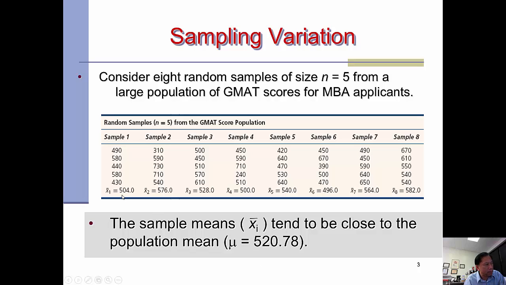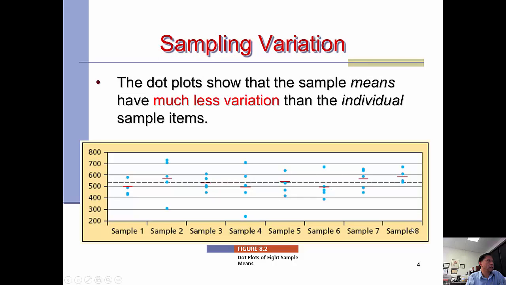But if you look at the means of the samples, 504, 576, 528, 500, 540, 496, 564, and 582, all of them are quite close to the population mean. Now that's interesting and that's meaningful. Basically, if you put them on the dot plots, it shows better.